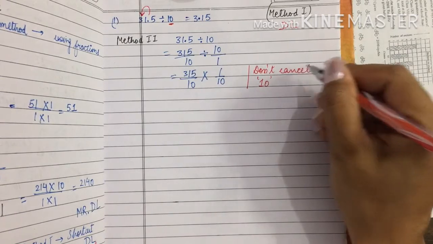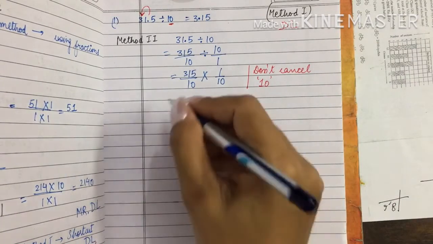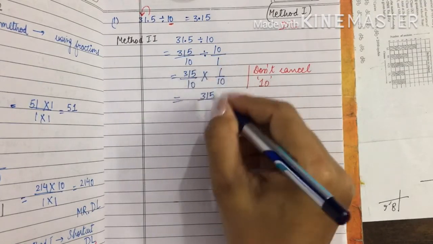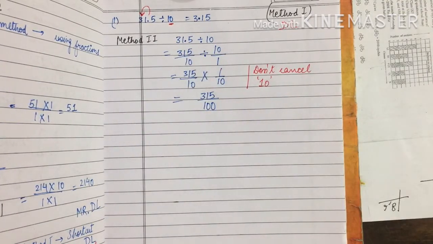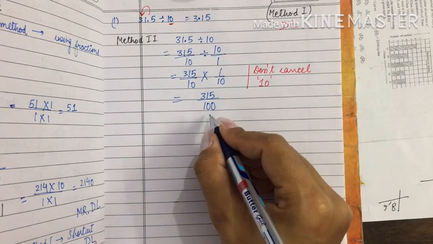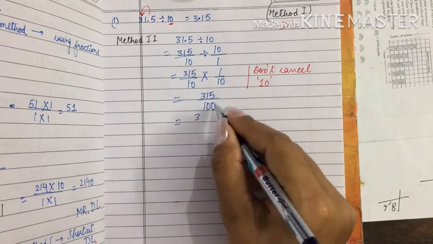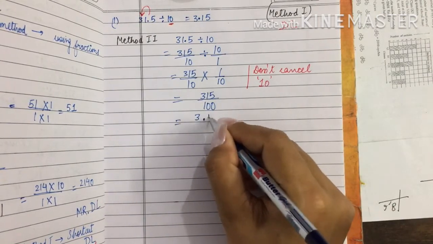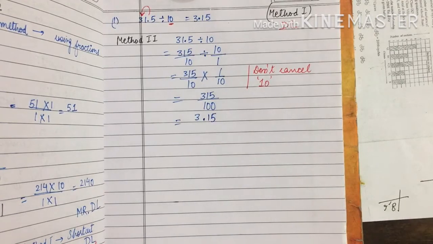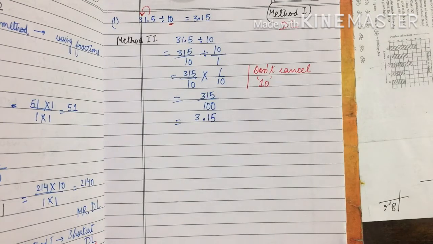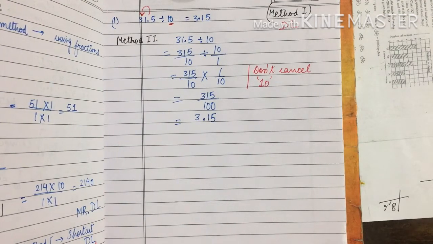Don't cancel 10. The reason is when you multiply these, this will be 315 in the numerator. In the denominator, you get 10 multiplied by 10. Now, how does this help us? Now, I can directly use this 100 to put the point in the numerator. If I had cancelled, then I would get a fraction. And then, if I get a fraction, I would have to divide to obtain a decimal number.